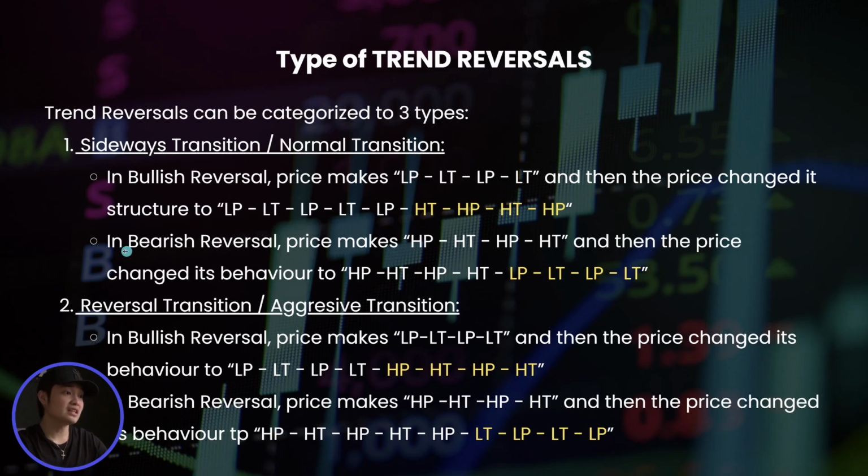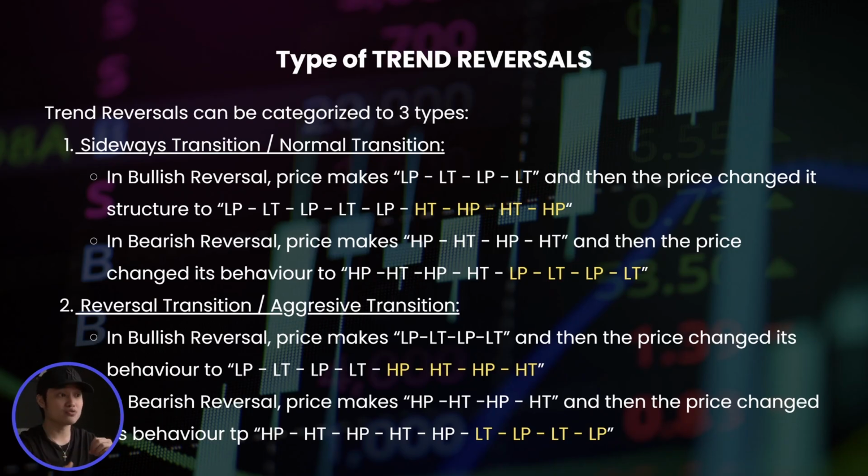And then on the bearish reversal, we have the price making higher peak, higher trough, higher peak, higher trough. That's the normal coding for the bullish structure.